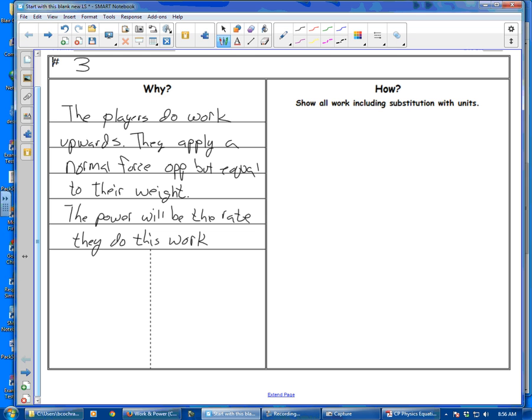And you could even say in here, I've kind of connected off of here, the distance is upwards to create the work.